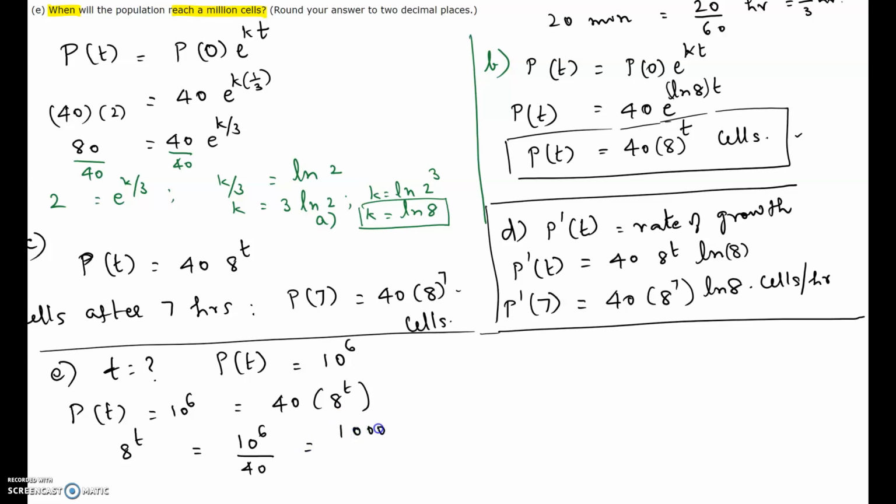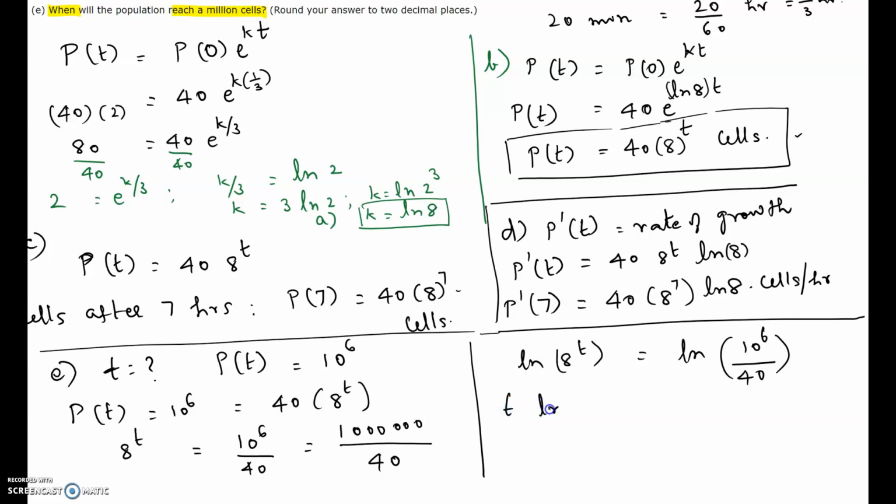It's 1 followed by 6 zeros divided by 40. That will be 8 to the power t. Then now we are going to solve for t. So by taking ln on both sides, ln of 8 to the t is ln of 10 to the power 6 over 40, or t ln 8 equals ln of 10 to the power 6 over 40.